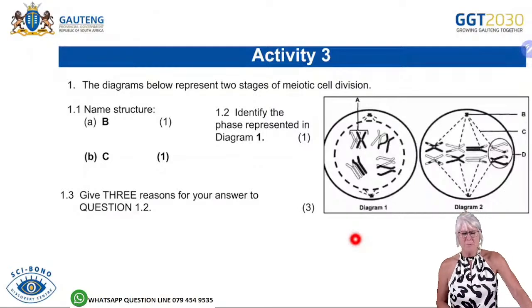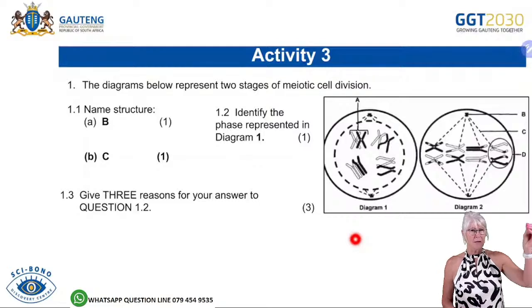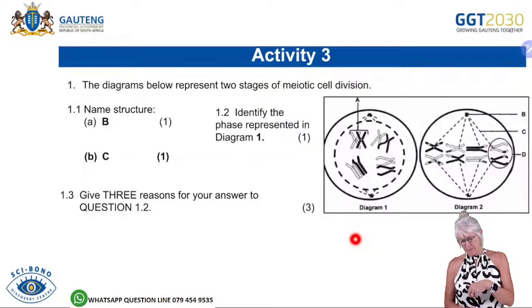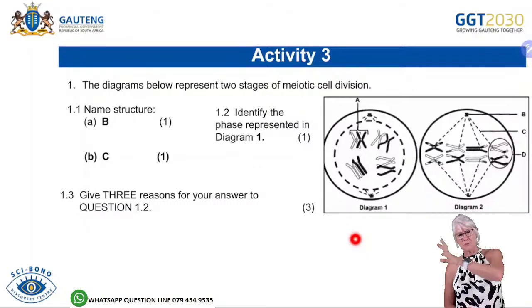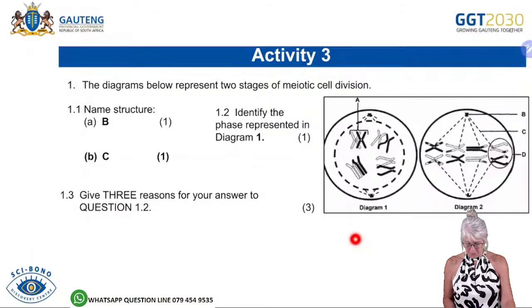Examiners like to give the diagram, so you need to recognize the phase that's in the diagram, or you might need to identify certain structures, or you might need to draw a diagram of a phase before or a phase afterwards, or what the gametes are going to look like at the end. So the skill here in meiosis is observation. You need to look carefully at the diagram and see what is in it.